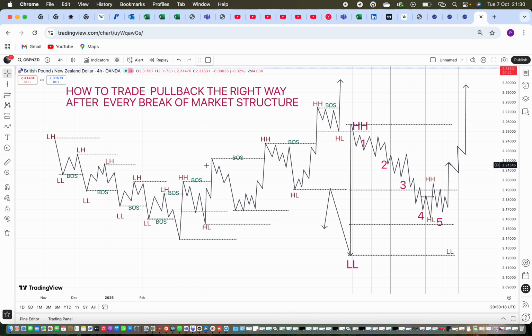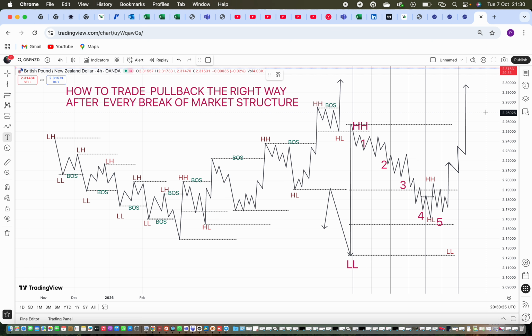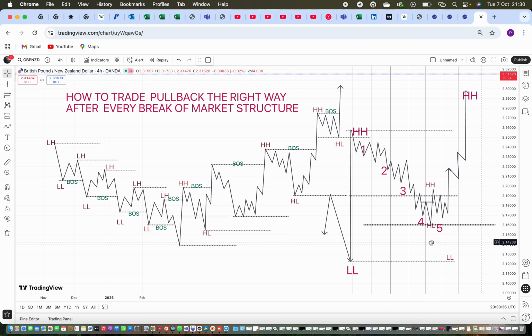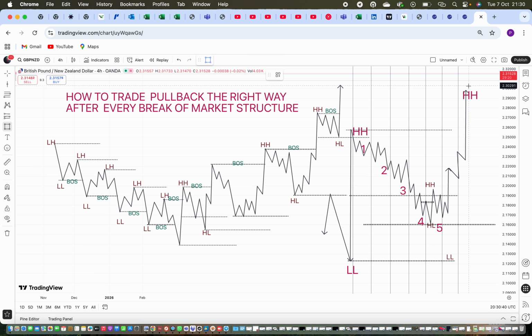So the moment we create that new higher high, this level will automatically become our next higher low. All right, and we can go ahead and mark here as our new higher high.